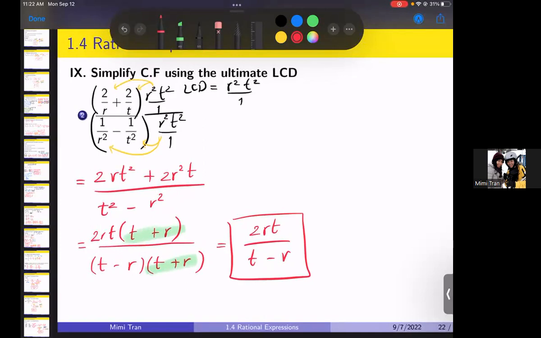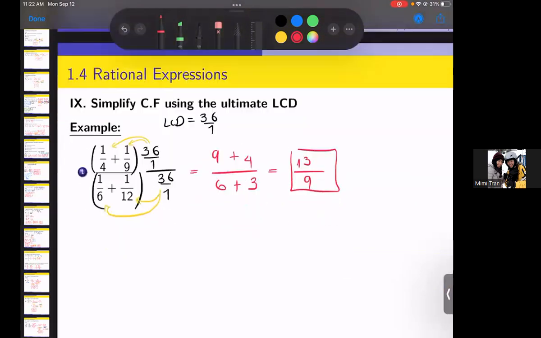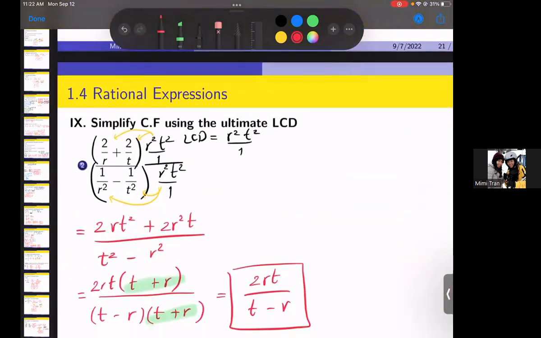Which one you like? Division or ultimate LCD? For this one, it's just ultimate LCD, right? It's just not too bad. But when it comes to letters, when you substitute numbers with letters, if you're good with multiplying fractions in your head, simplifying things in your head, for advanced students, or especially, you don't have to be advanced.